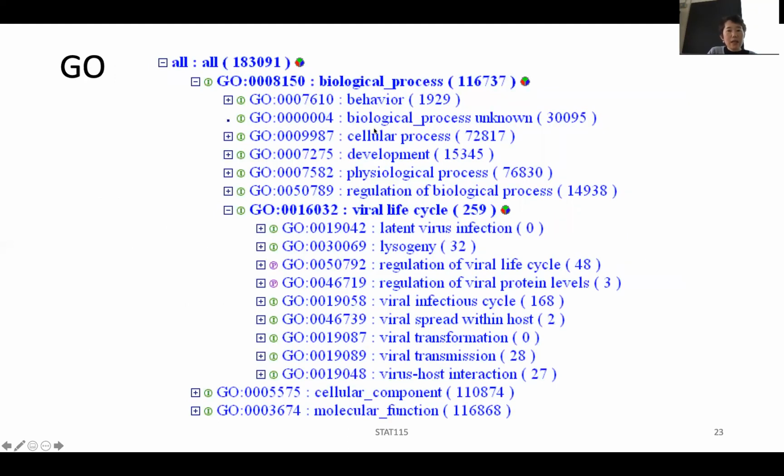If you look at the 3 branches, the biological process has 111,000, and the others each have about 110,000. If you add these 3 together, you should expect 300,000 different total terms. But the total is only 183,000, which means some terms appear in multiple branches.